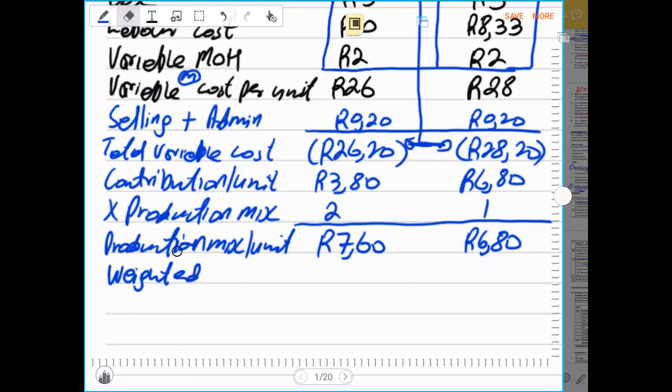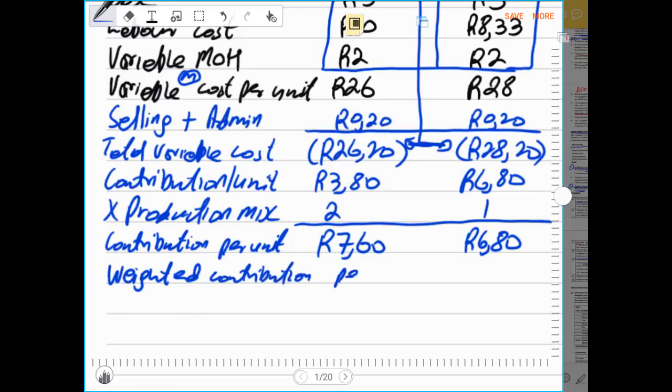No, this is not production mix, this is contribution per unit. This is weighted contribution per batch.